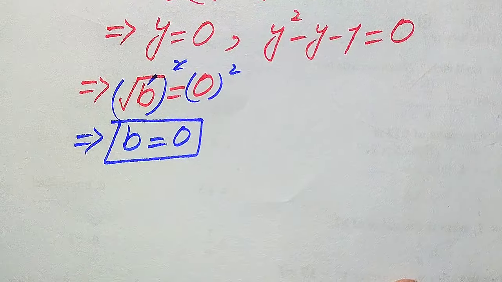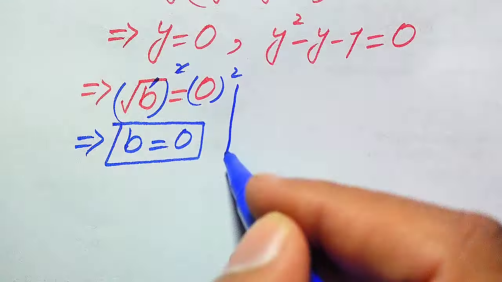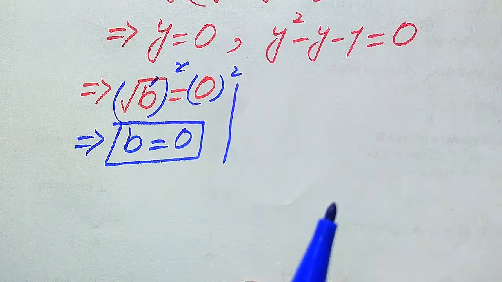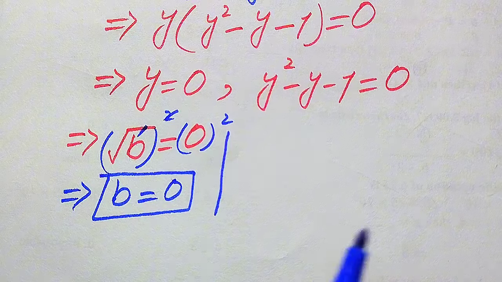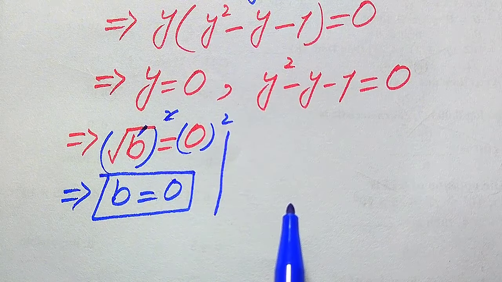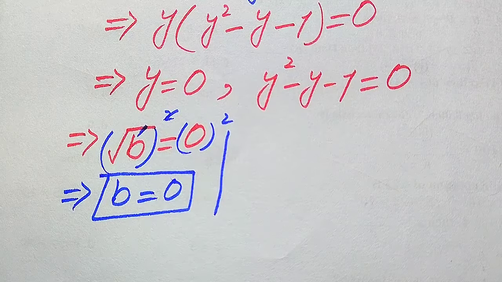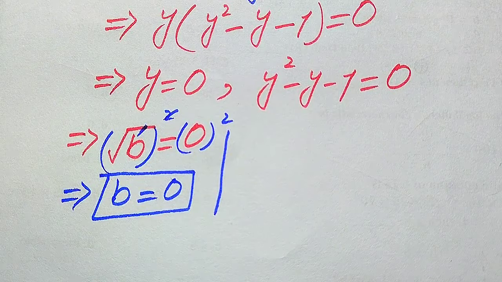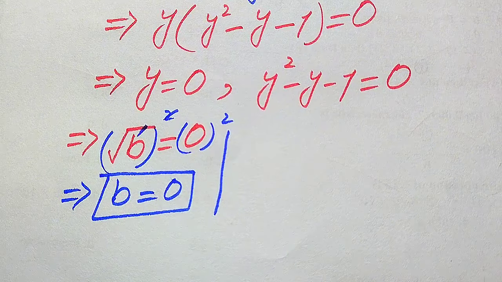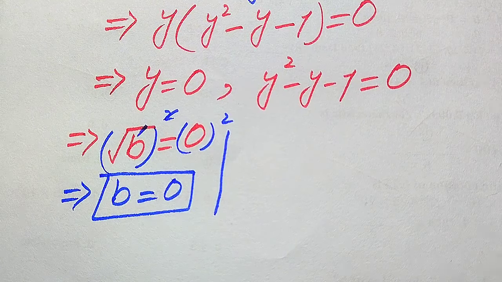This is the first value of b, and from here we need to find all other values of b from this quadratic equation. We know that there are three methods to solve a quadratic equation. The first method is factorization, the second one is completing the square, and the third is applying the quadratic formula.